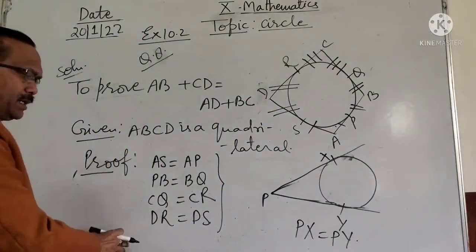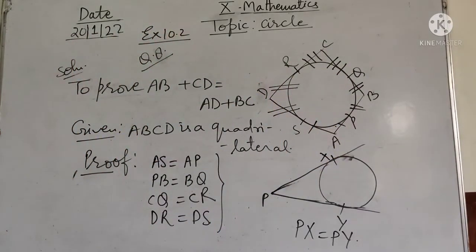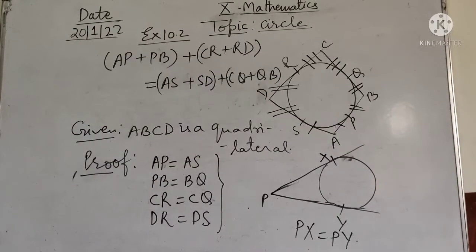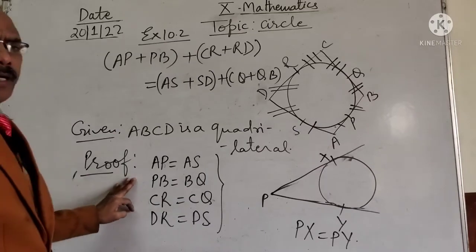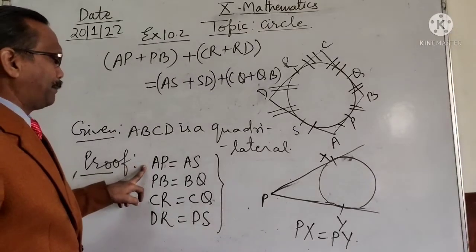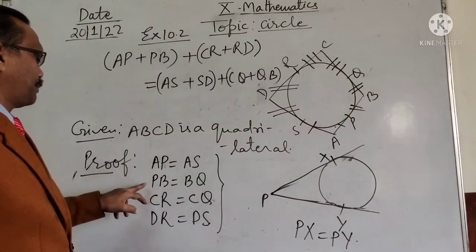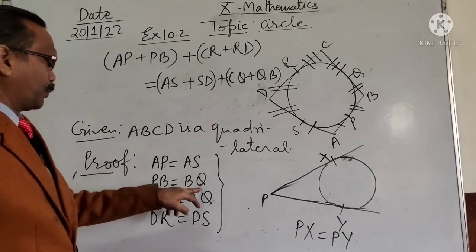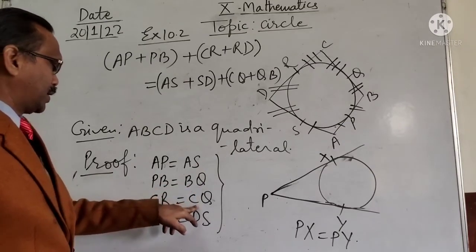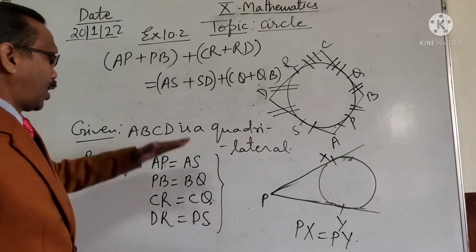Now see. Dear students, here we will rearrange: AP equals AS, BP equals BQ, CR equals CQ and DR equals DS. Now we will add them.